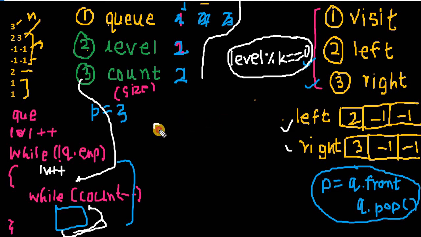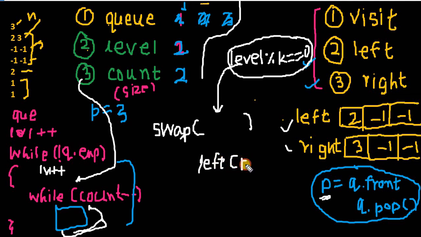So the swap logic will be a basic swap function to change the left array and the right array. Let's say we were taking values p. We will check if the level is a multiple of k, and simply swap left of p with the right of p. That's the basic simple swapping.